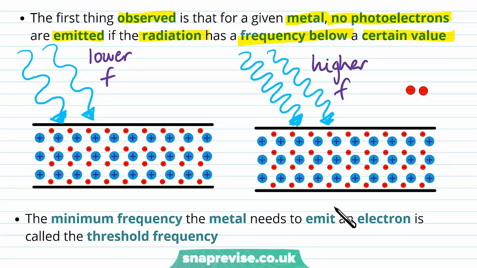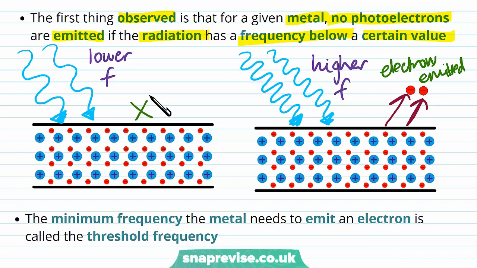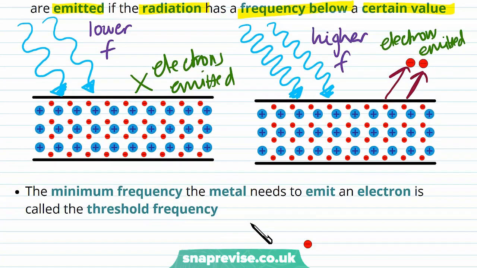It was observed that if this light of a higher frequency was above a certain value, electrons were emitted. So these electrons are free to escape from the metal. However, here, where we have a lower frequency, electrons were not emitted. So essentially what was observed was that the frequency of the radiation determined whether electrons were emitted or not.